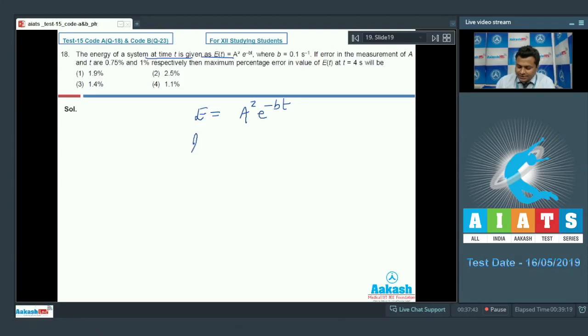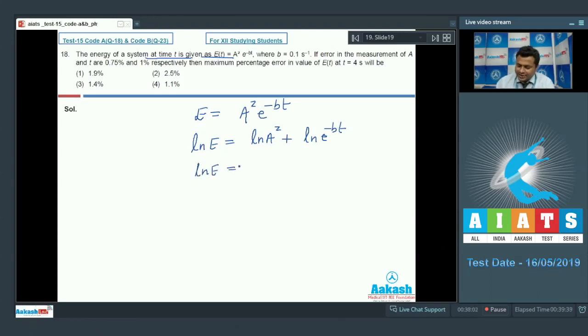Taking log on both sides, we have ln E equals ln A² plus ln e^(−bt). This is the property of log: log xy equals log x plus log y.